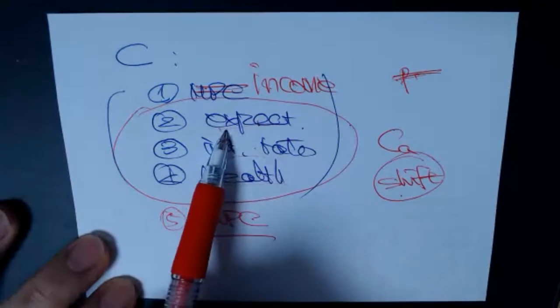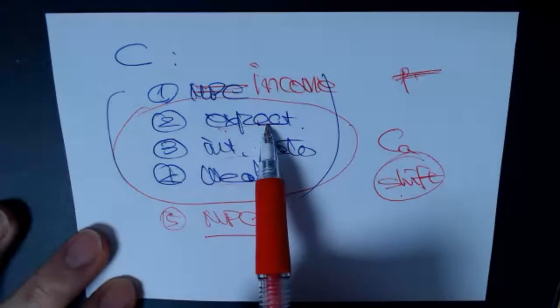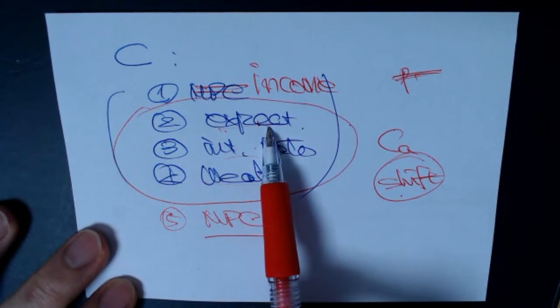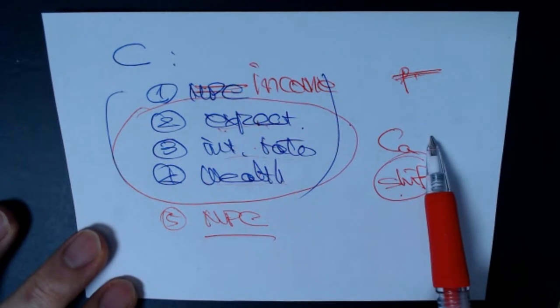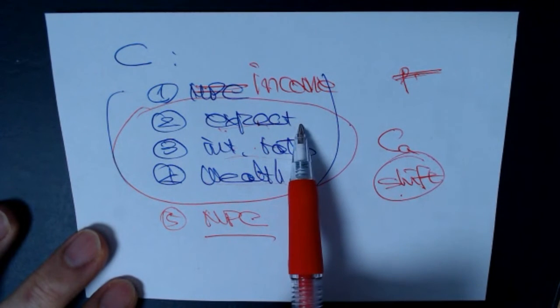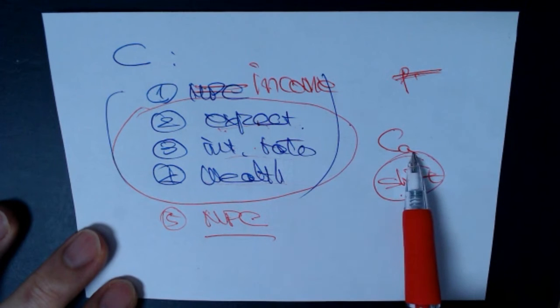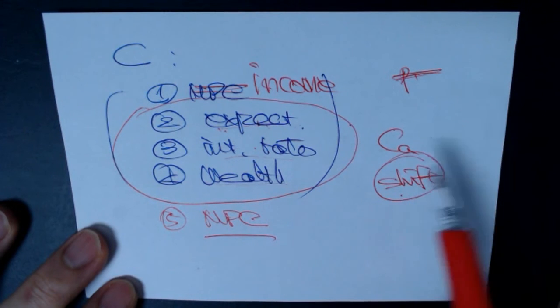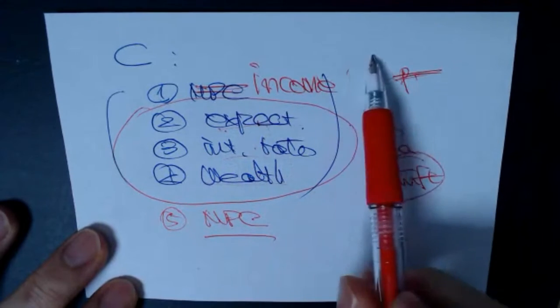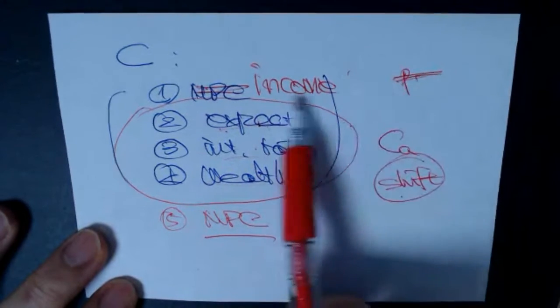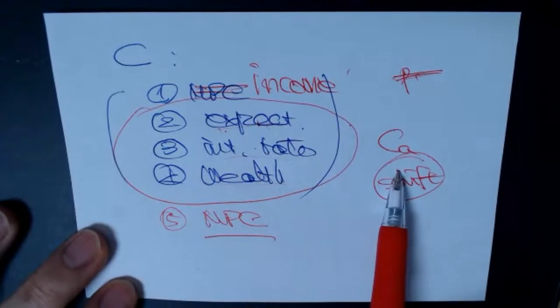One example I gave you is that if all people in the economy expect the business cycle in the coming period to be good, then they are likely to consume more. If they expect the business cycle to be bad, they are likely to consume less. It doesn't depend on the national income, right? So regardless of the income change, people will adjust their consumption.